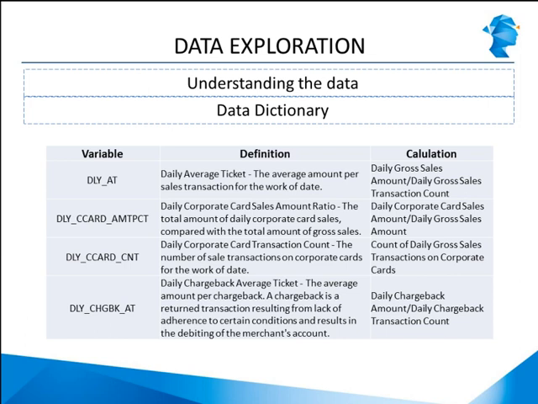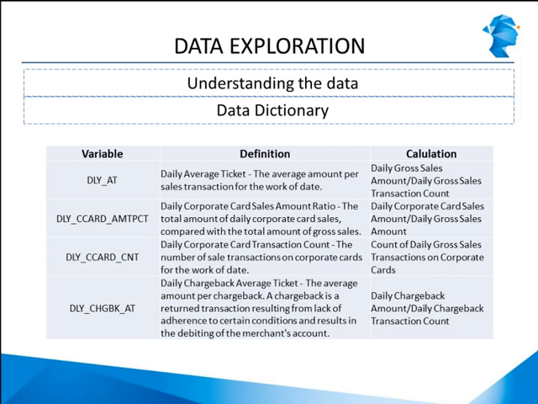In case fraud is associated with a corporate card, we may be able to identify it using this variable. The next variable, daily corporate card transaction count, is essentially giving us similar information, the number of sales transactions on corporate cards on a daily basis. So this is just a simple count.